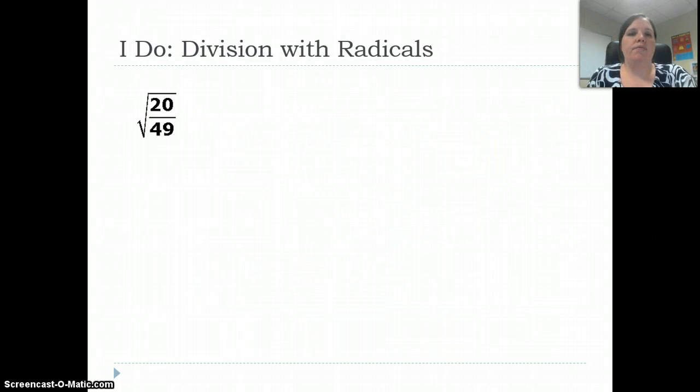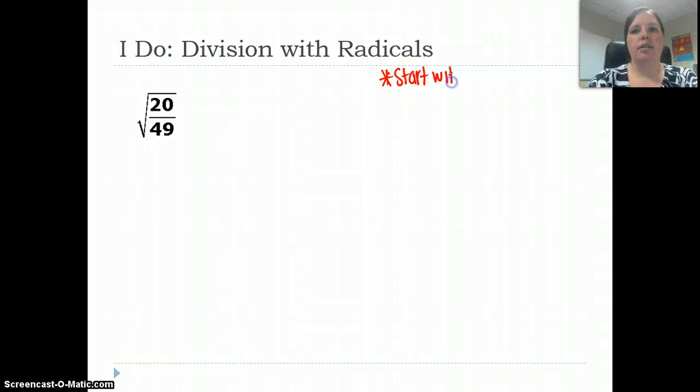So going into division now, how does the division property look maybe different or look the same? The thing that I suggest most is, no matter what form it's written in, start with the radical over the fraction.